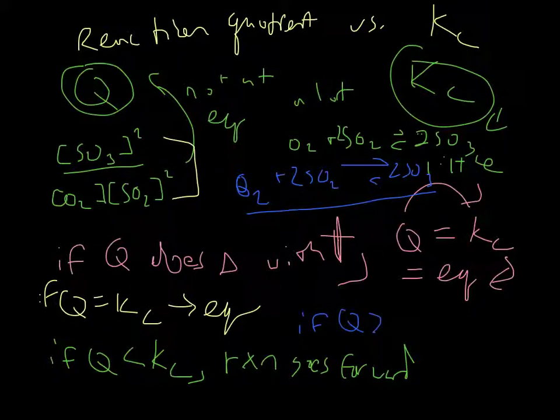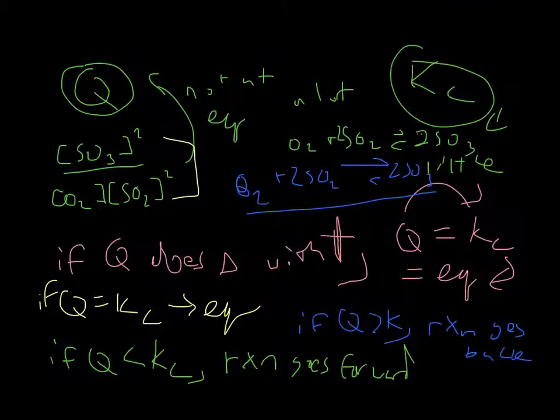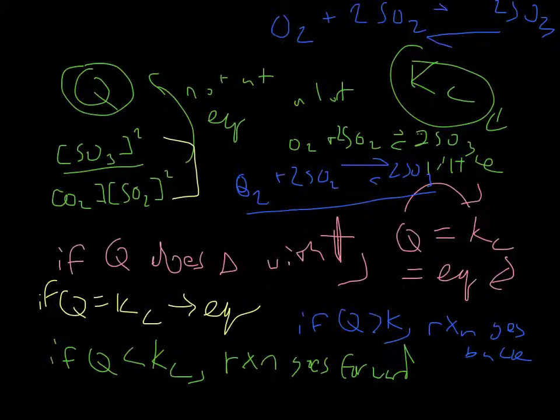Now the last thing goes hand in hand with that. If Q is greater than K, then the reaction goes backwards to reach equilibrium. So if we have our O2 and our SO2, and there's just too much SO3, then it makes a ton going that way and not so much that way, so it can reach equilibrium.